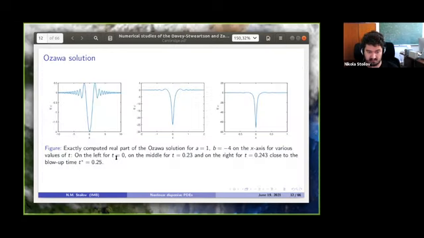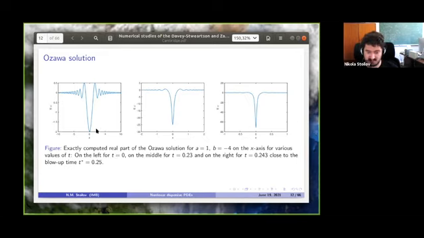So we know at what pace the blow-up happens and what is the shape of the blow-up profile shortly before the blow-up. Now, the problem with the Ozawa solution, and why we need spectral methods essentially, is that you start with a highly oscillatory initial condition. And if you do not correctly track the high oscillations, for which you need either Fourier or spectral polynomial methods, then you cannot go very far because the solution is very quickly lost.